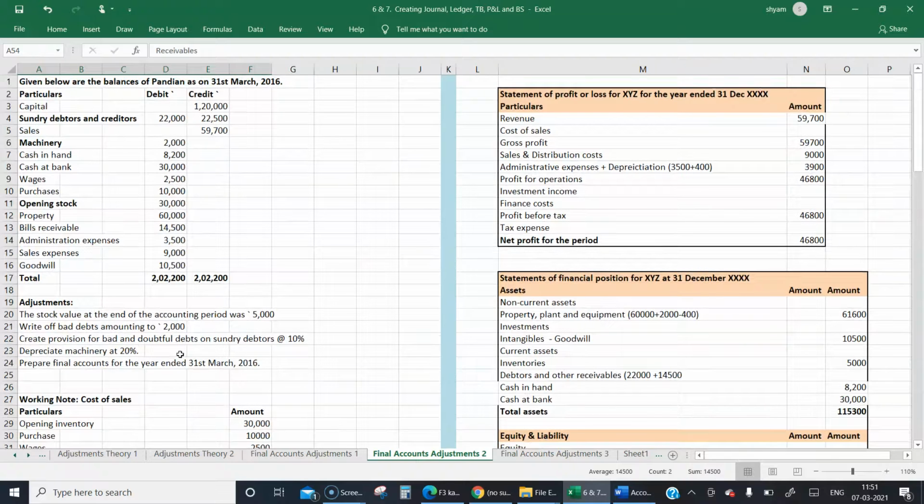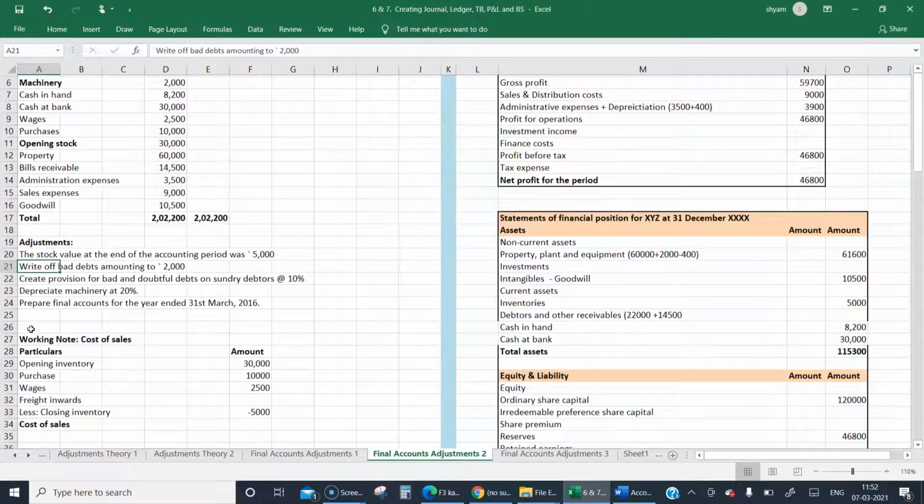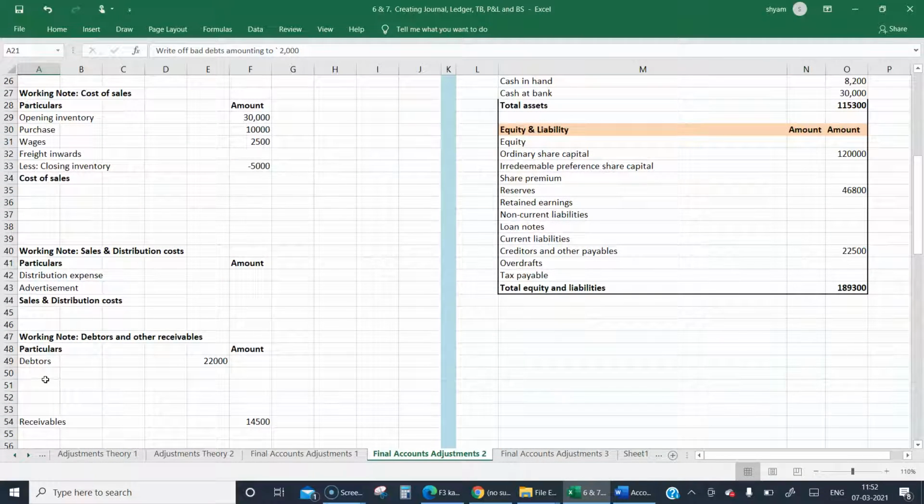So we have set the table. So we'll start with the entry. The entry is write off bad debts amounting to rupees 2,000. So first we'll write it off. Less bad debts.